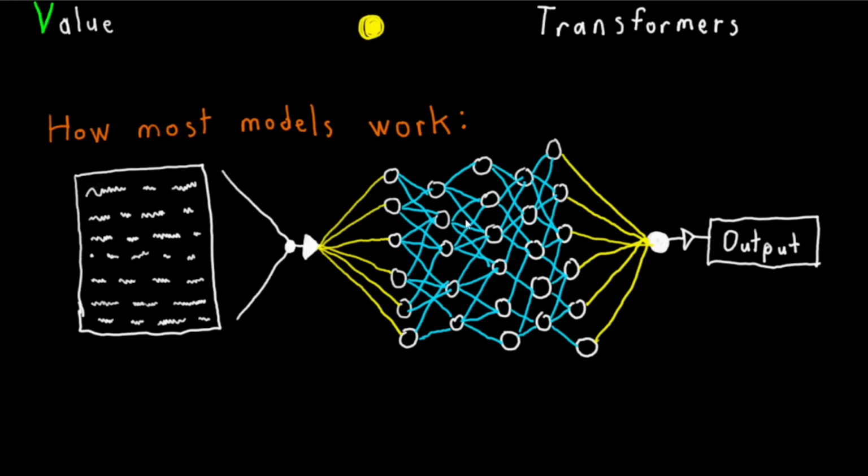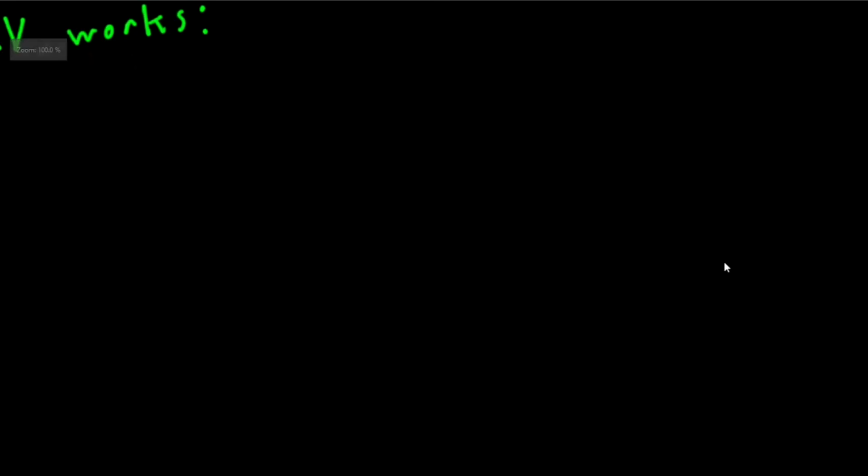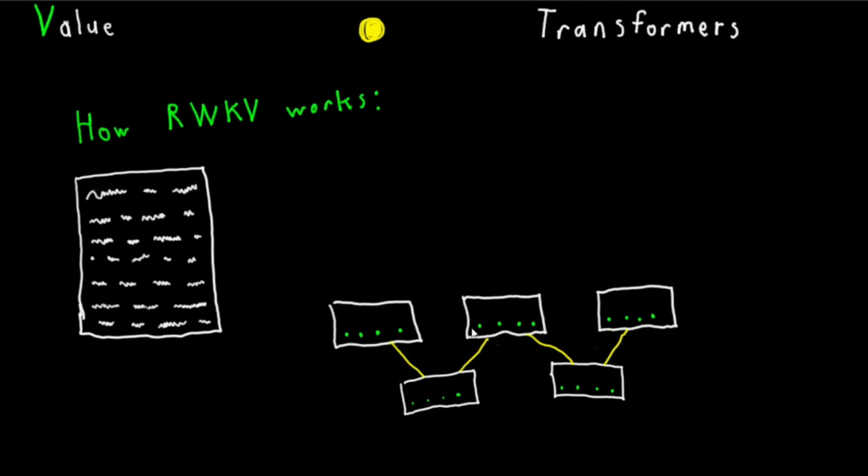It's going to take all of this information, plug it through the brain of the AI, and send it over to output. And how is that different from an RWKV model? Well, with an RWKV model the architecture is going to look a little different.